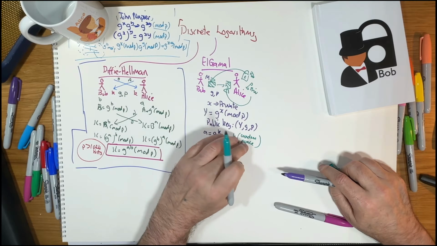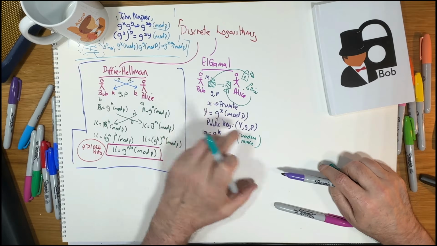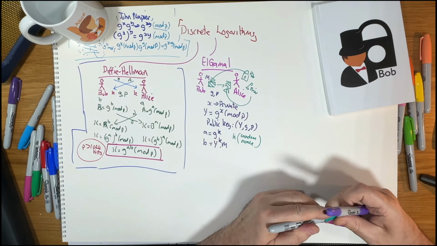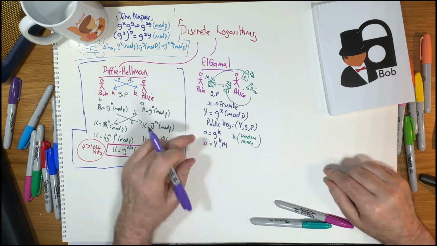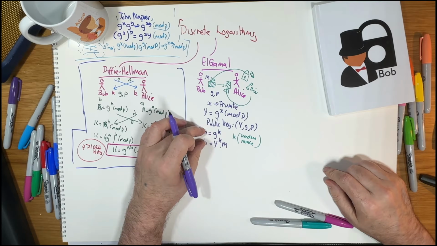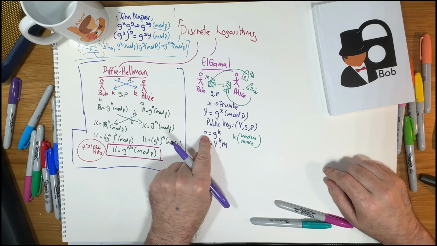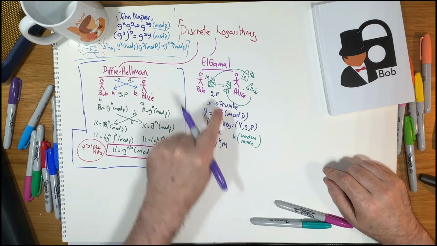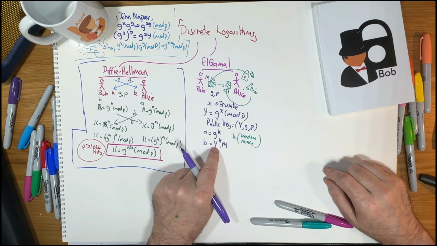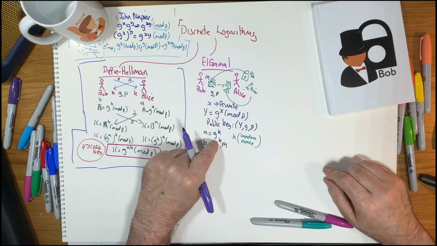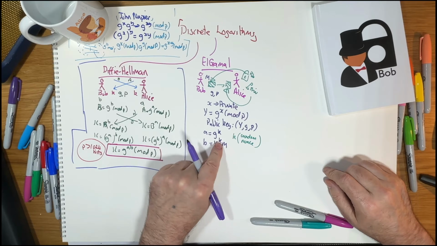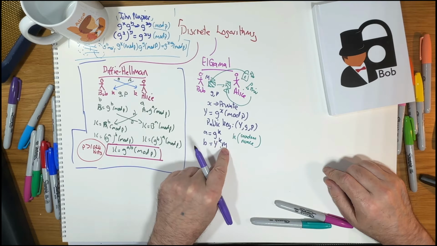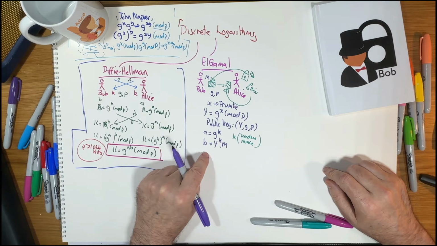We don't need it after this, but it makes sure that the encryption process is randomized for its output. So he will take g to the power of k, the random value, somewhere between 0 and p minus 1, and then we'll take Alice's public key, y, raise it to the power of k, and then multiply by m.